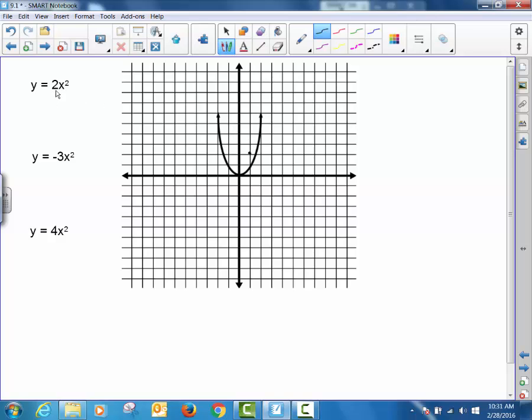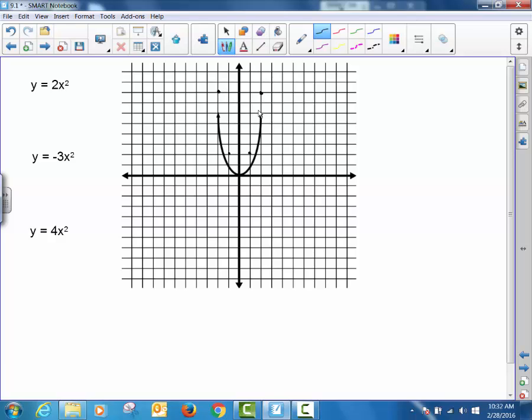If I let x equal -1, then -1 squared is positive 1, times 2 is 2. So -1, 2. If I let x equal 2, then 2 squared is 4, and 2 times 4 is 8. So we go over here, 1, 2, 3, 4, 5, 6, 7, 8. And the corresponding point on this side will be 8 as well.